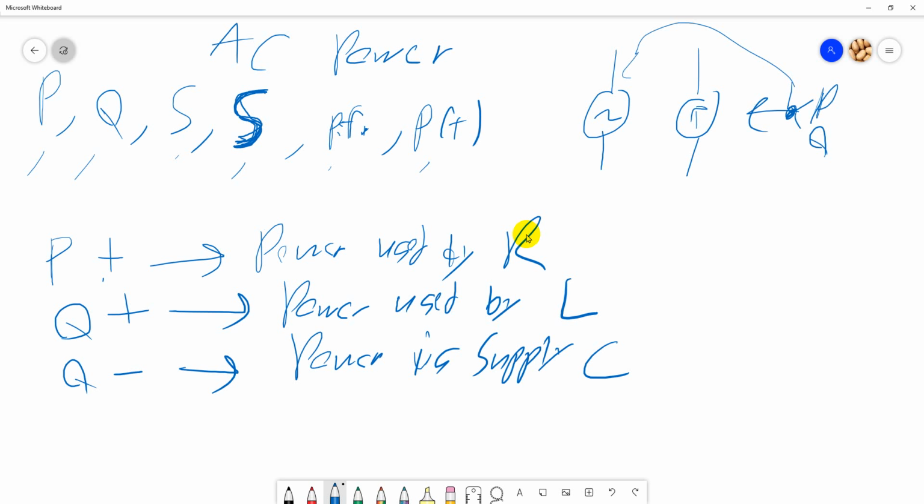Make sure you differentiate it. The source supplies both P and Q, but C only supplies Q.